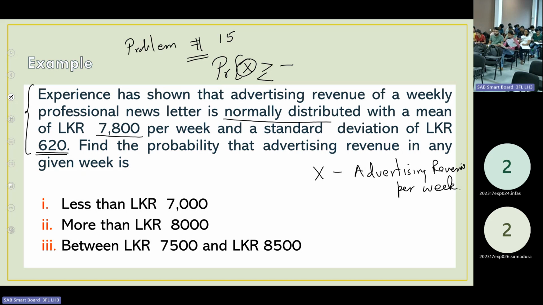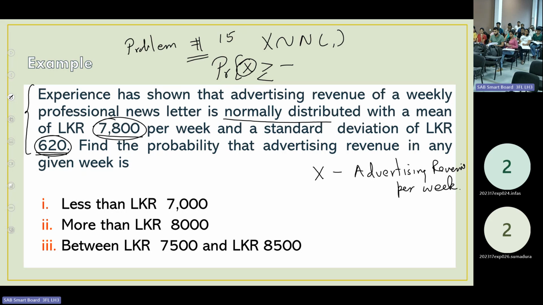So if something is normally distributed, then we know a way of denoting it. X follows N(mu, sigma squared). So do we know mu and sigma here, the parameters? Mu is the mean. Is it given? Yes, it is given. Standard deviation is sigma. It is also given.